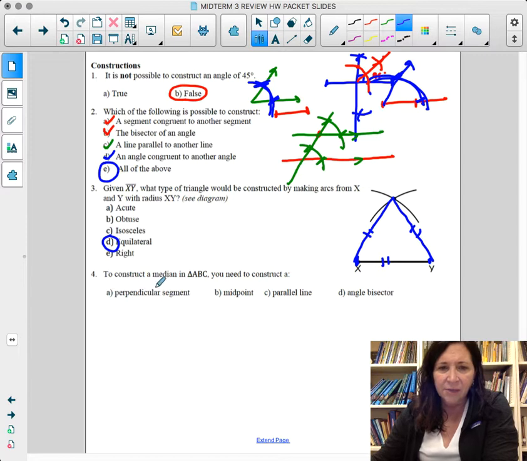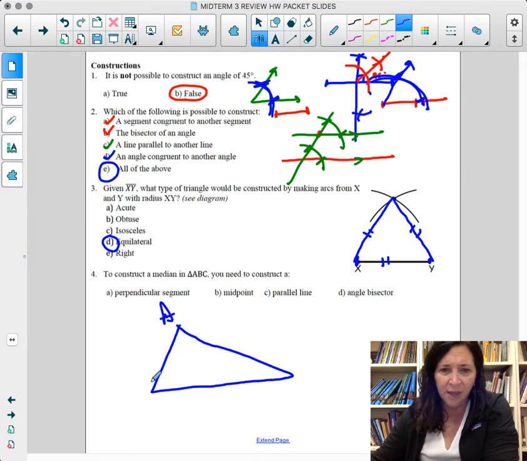And lastly on this page, to construct a median in triangle ABC. So let's say here's my triangle, here's A, B, and C. Let's say I want to construct median AD.